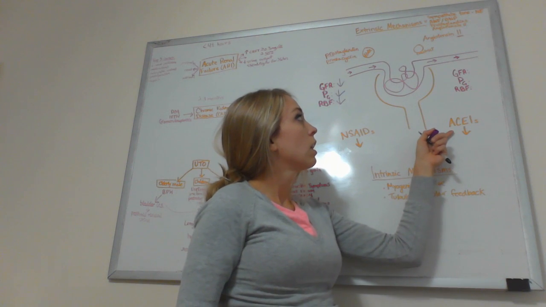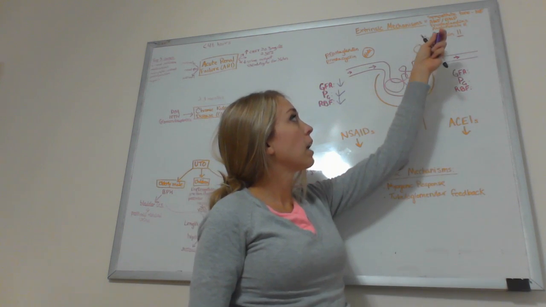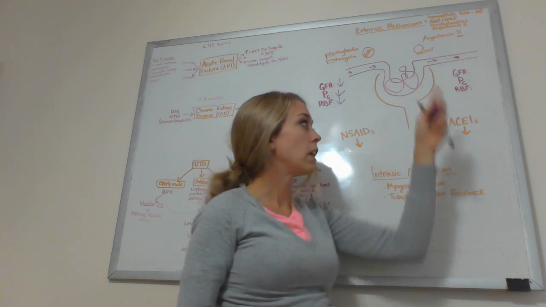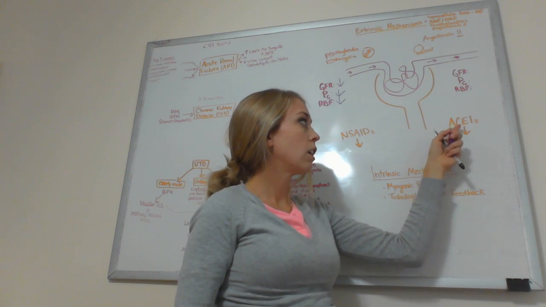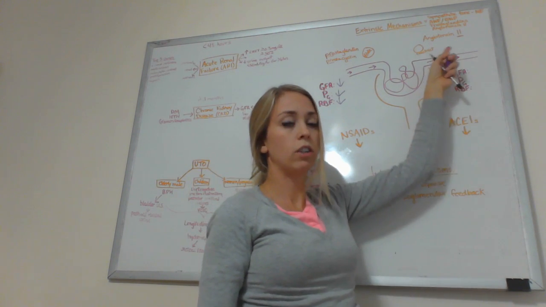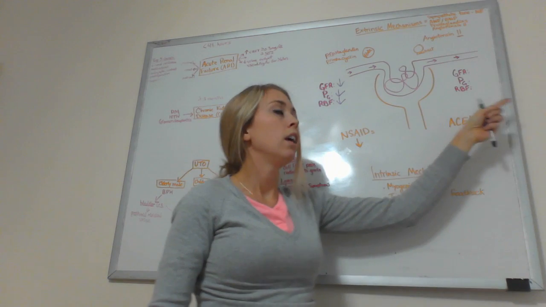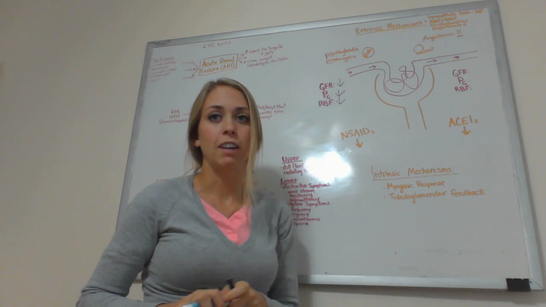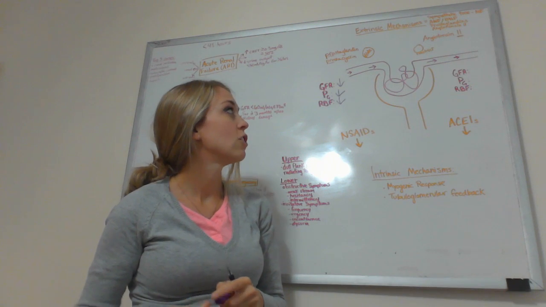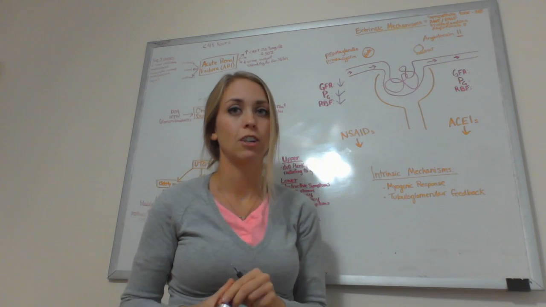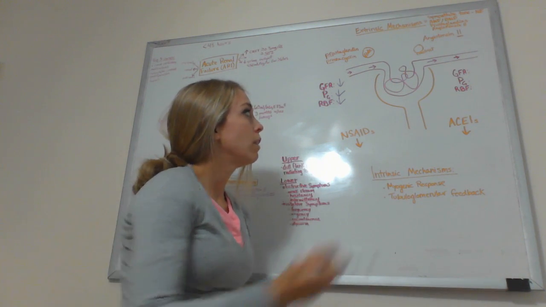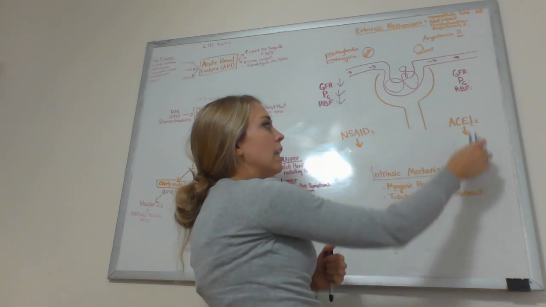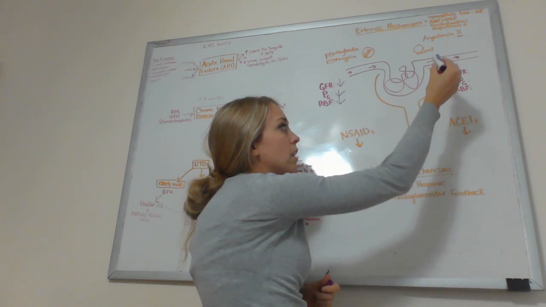For ACE inhibitors, they act over here on angiotensin II, because they're angiotensin converting enzyme inhibitors. So angiotensin II won't be created in the lungs, and therefore it will decrease the effect of angiotensin II on the efferent arteriole. So it'll have the opposite effect. So if angiotensin II constricts it, ACE inhibitors are going to make it more dilated.